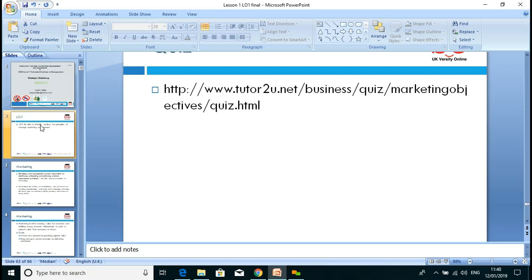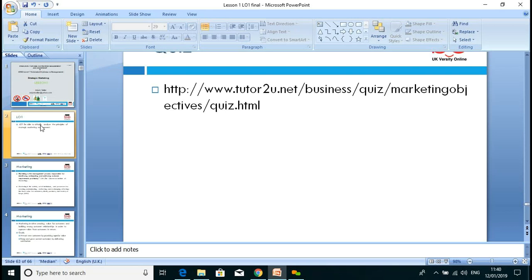We discussed how we can create value for the customer. We discussed we need to explore the needs and the wants of the customer. We need to do research to explain and fulfill the needs and wants of customers, and ultimately we need to be focused on society as well. We discussed the product concept, and the social marketing concept is more widely acceptable now, and green marketing as well.